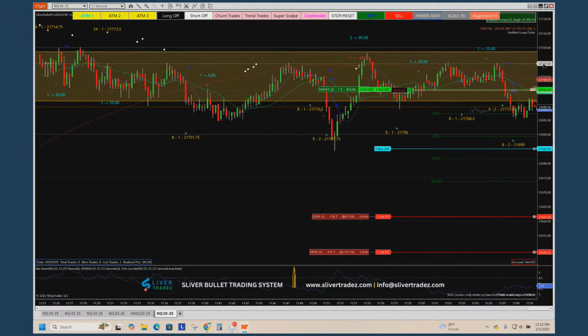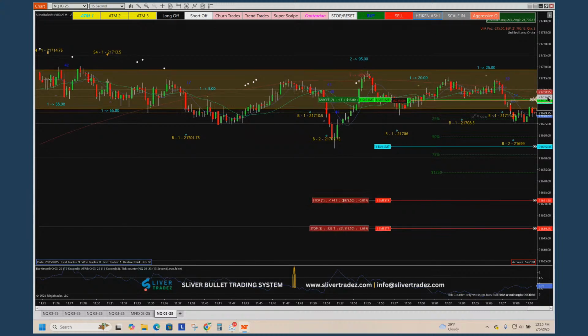I was happy to see this green candle, but that was just a fake candle.